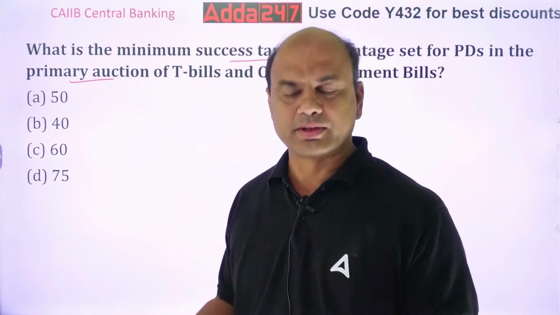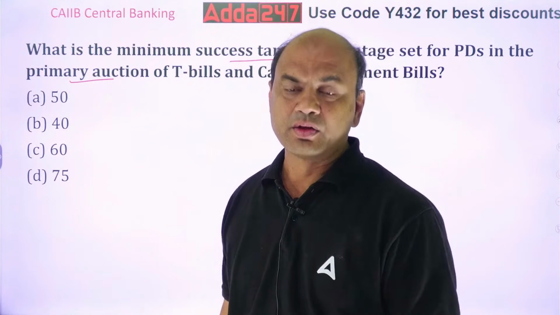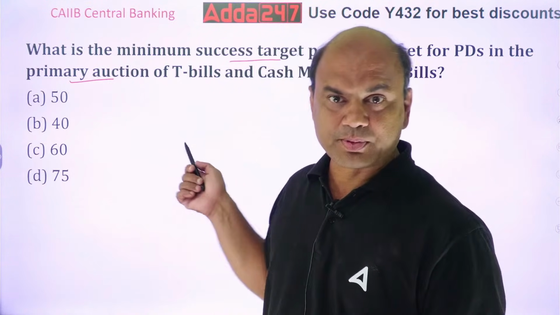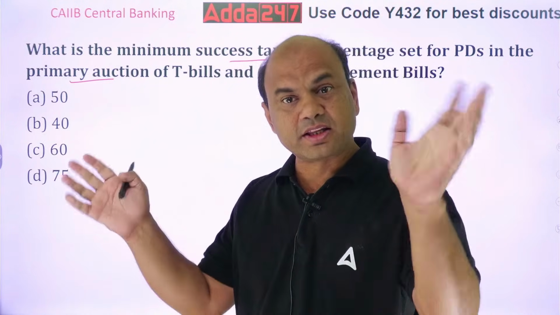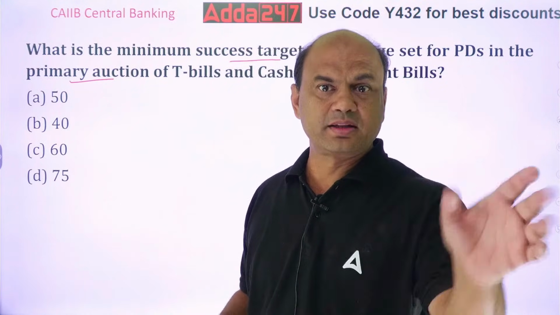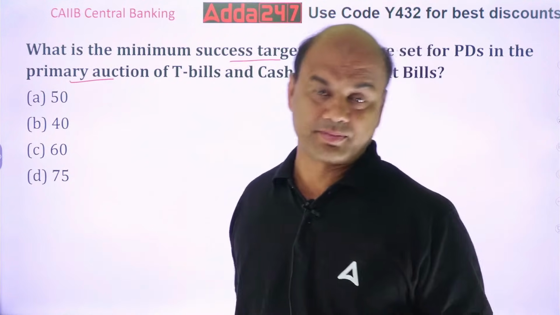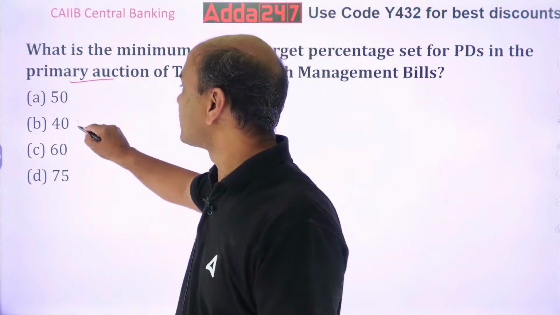When I auction something, there should be some buyer, right? So who will be the buyer? These primary dealers act as an agent. They will contact all these banks. So what should be the success rate for them? The success rate for them is set at 40%.